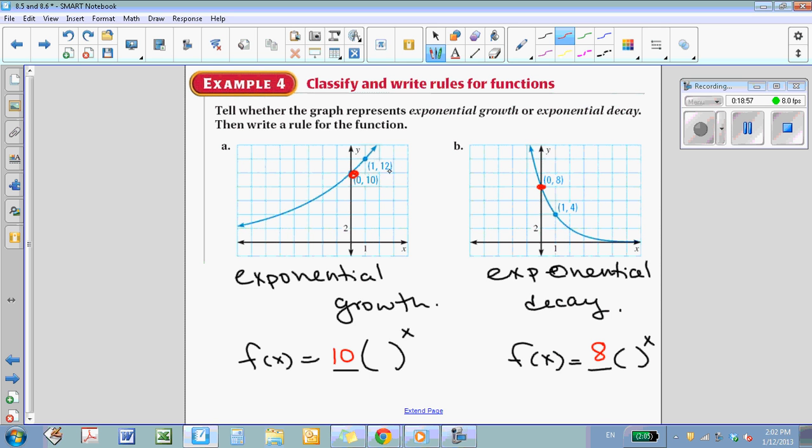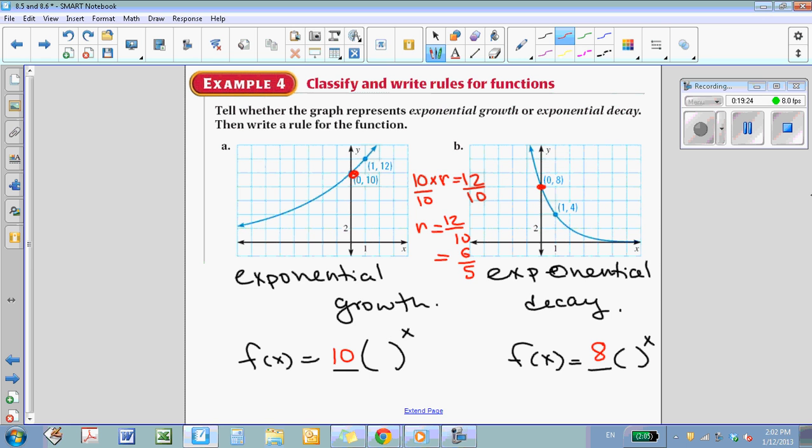So then I need to know my growth factor. So how did I go from 10 to 12? Remember that I took my 10, I multiplied it by something, by this rate, and I got 12 as my answer. So if I divide both sides by 10, my growth rate is going to be 12 over 10, and we're going to simplify that to 6 over 5.